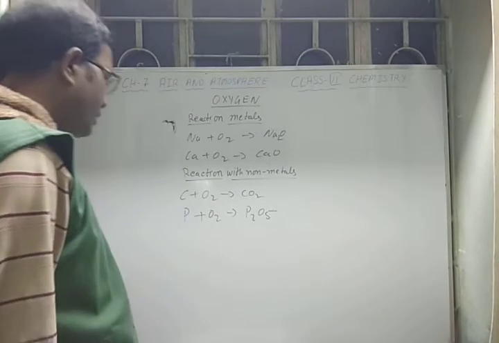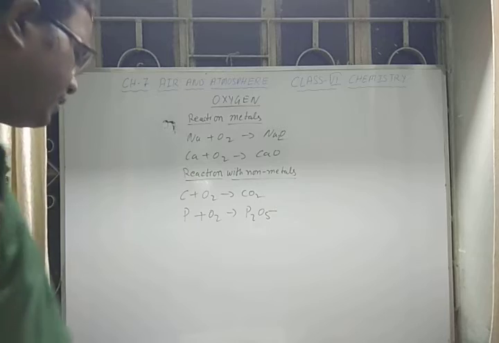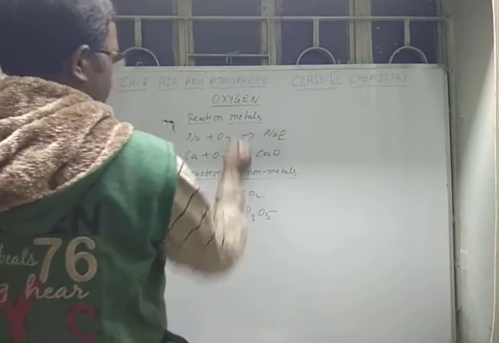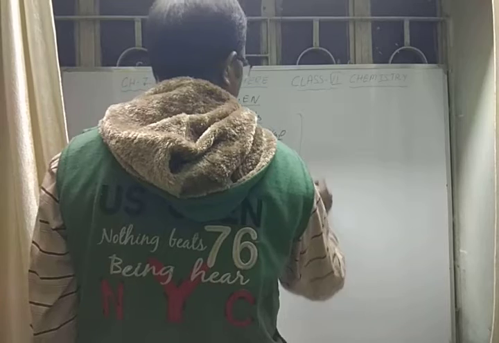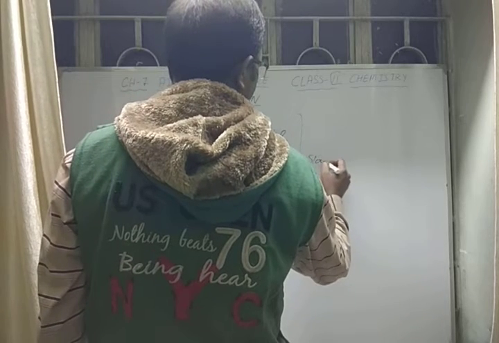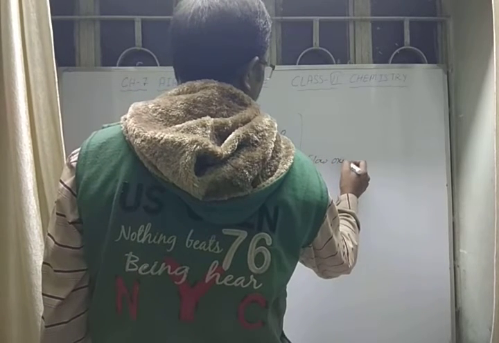After that, another is rapid oxidation and combustion. All these processes mainly come under slow oxidation.